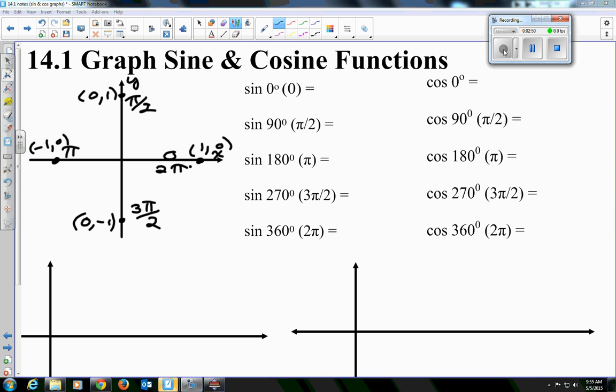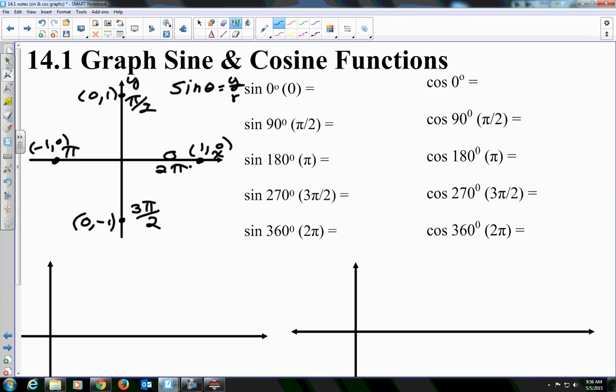So, now, in the unit circle, r is always 1. So where do I look to find the value of my sine function? Okay. The y. In the y spot, right? I've got x, y, sine of theta equals y over r, but in the unit circle, r is 1, so it's going to be just the y value.